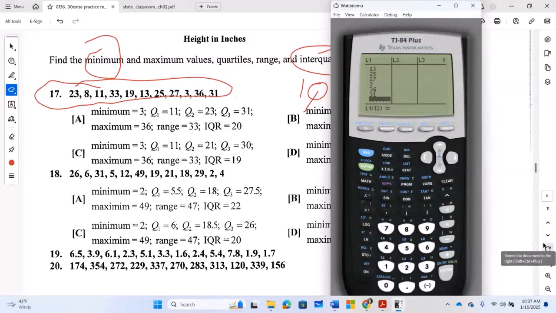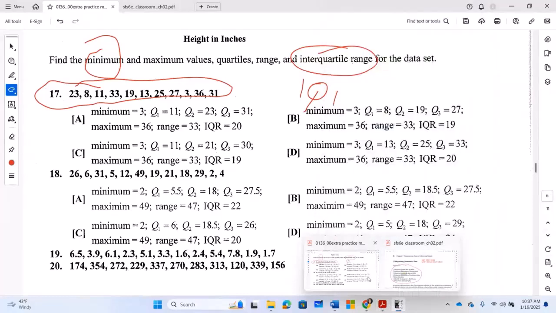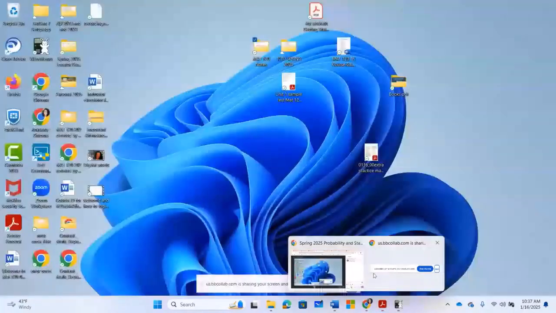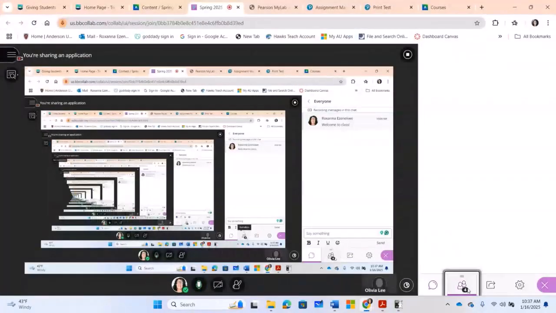Anybody, you can just unmute yourself. Do I still have somebody there? Hopefully I do. All right, hopefully I do have somebody there. Are you paying attention?